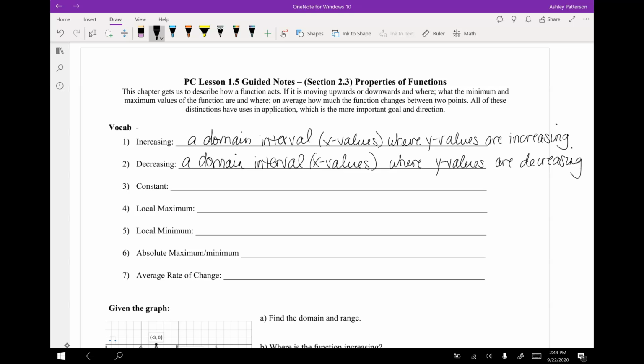A constant function is where, regardless of input, so regardless of what the x value is, the output is constant or the same, so the y value is the same.